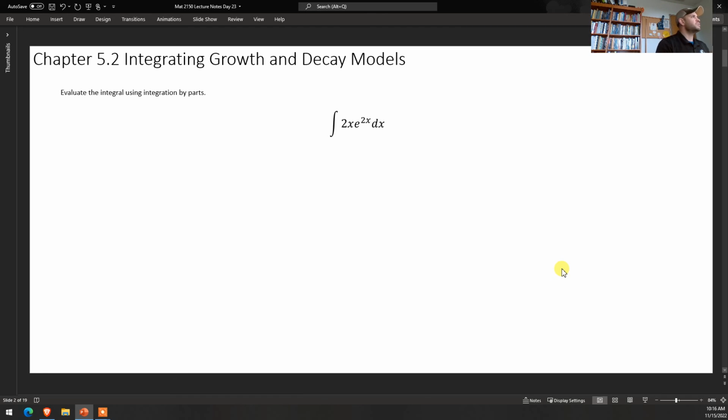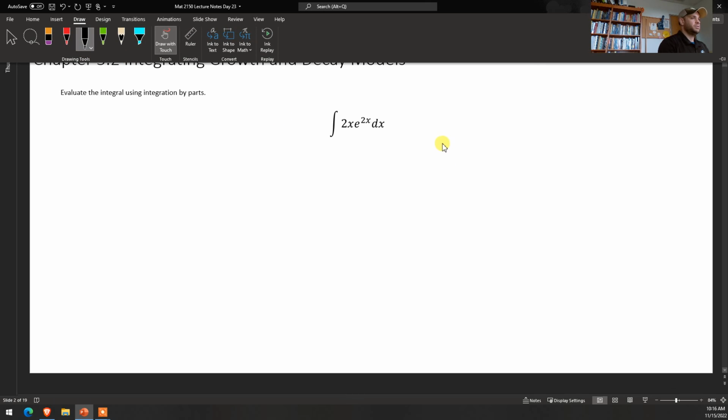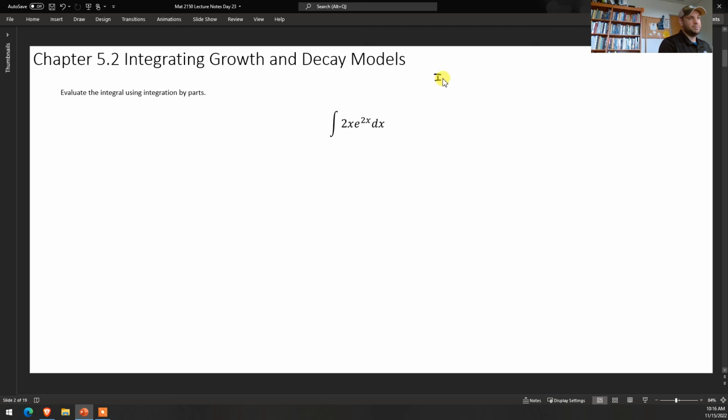So let's first talk about the technique that we will use in order to compute the integration of some of these models. In particular, we will need integration by parts. And here I'm going to introduce the idea of the chart method for integration by parts.